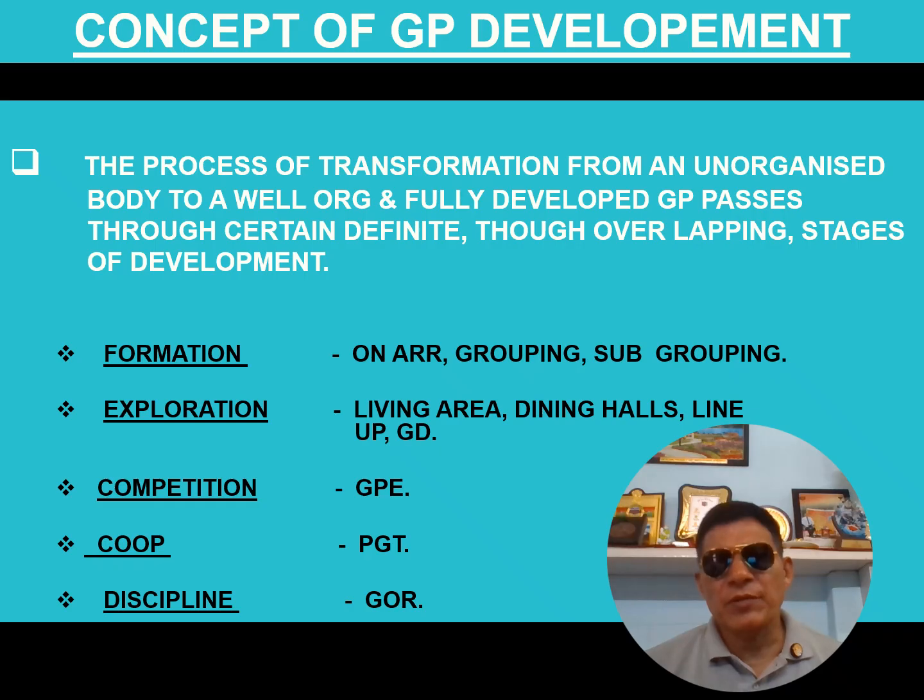Exploration is living area, dining halls, line, and group discussion. And then competition is group planning exercise, cooperation, progressive group task, and discipline is group obstacle race. These are the aspects which are checked.